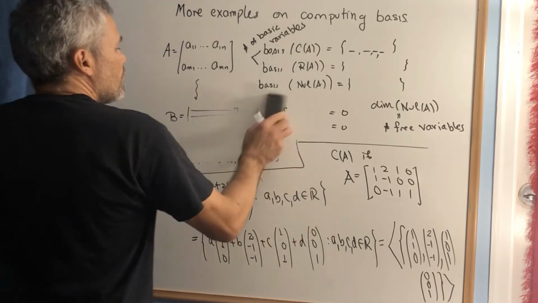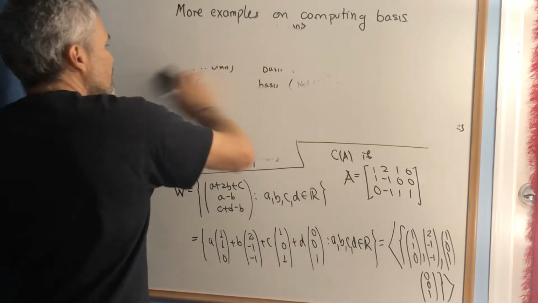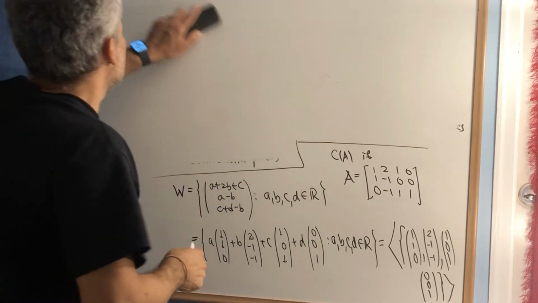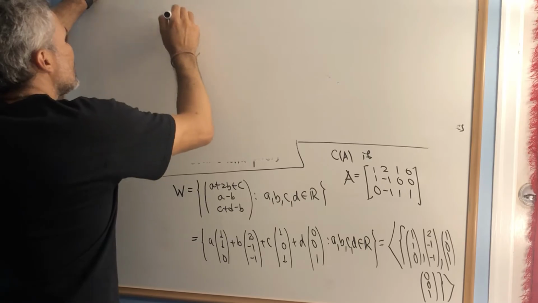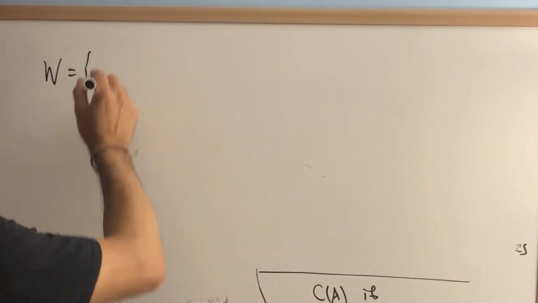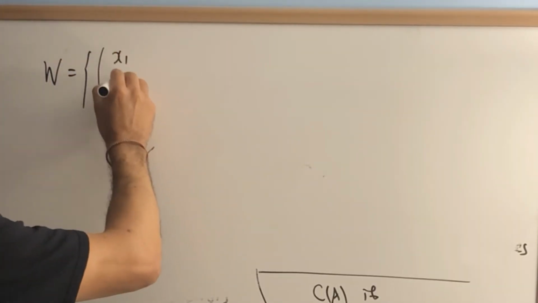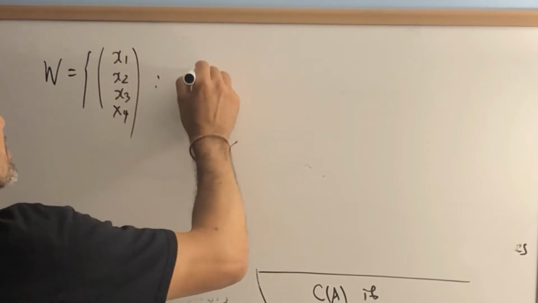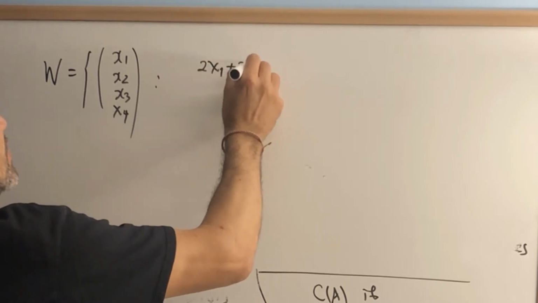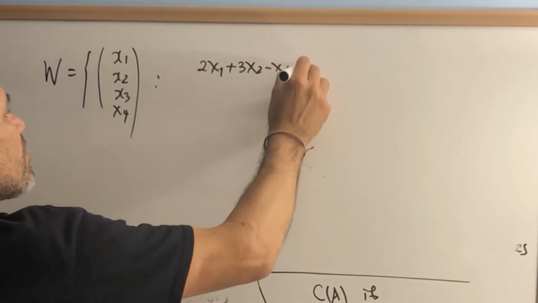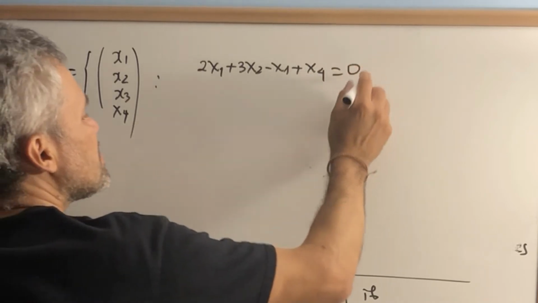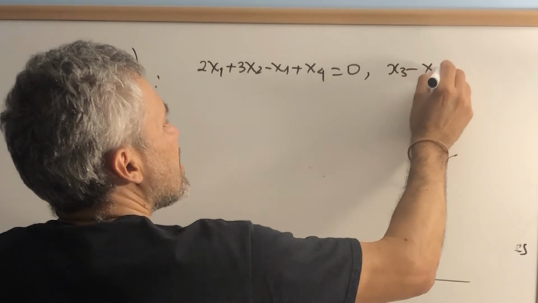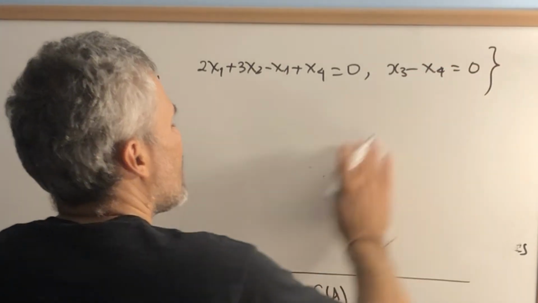Also, if we have a subspace that is given like this, let's suppose that we have W equal to the set of (x1, x2, x3, x4) such that 2x1 + 3x2 - x3 + x4 = 0 and x3 - x4 = 0.